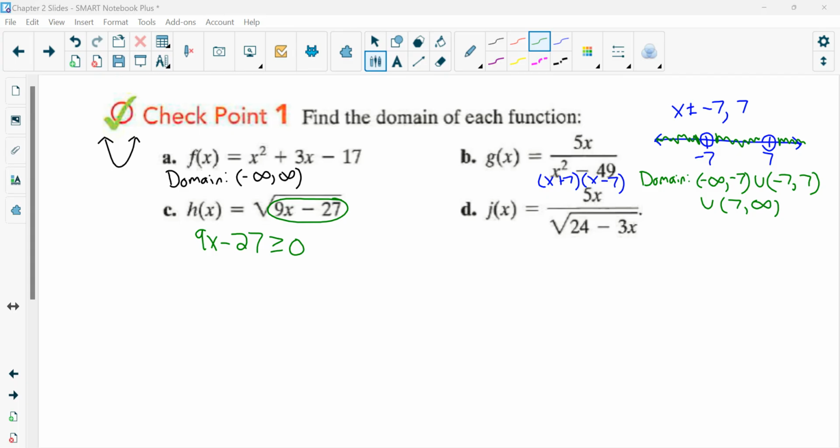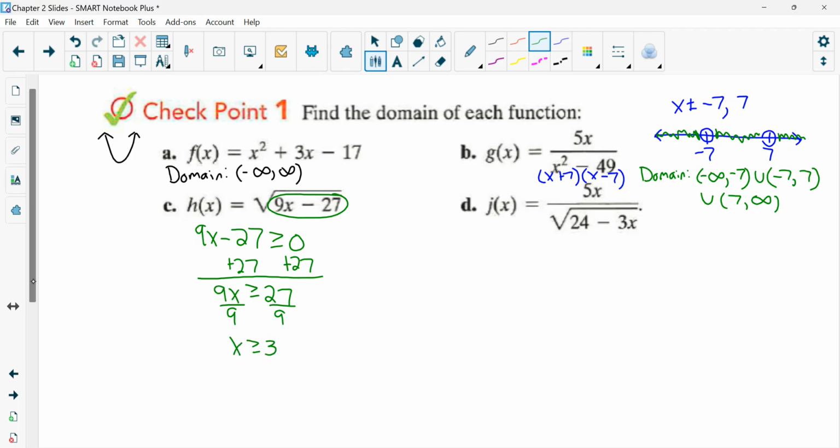So I would add 27, and then divide by 9. So I get x is greater than or equal to 3.